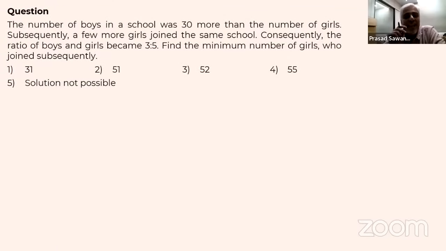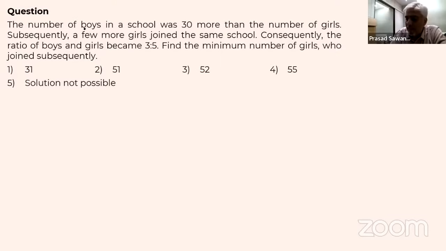Nice question, slightly difficult question. Pay attention very carefully. The number of boys in a school was 30 more than the number of girls. Yeah, Deepak, at the end you could use 30, 60, 90 again also. Doesn't matter.